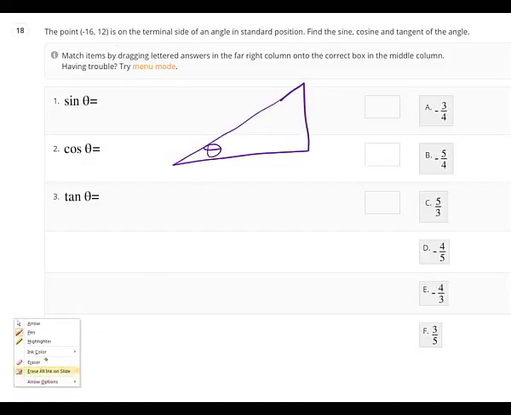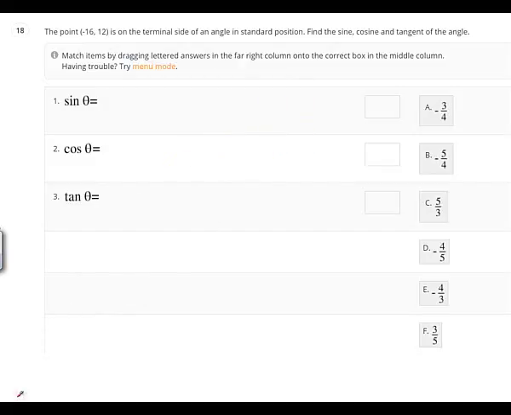Let me draw it on the, this one's a little bit weird. I'm not sure this one should have been on there, but let's try it. Okay, so if I drew it as negative 16, positive 12, it would be over here somewhere, right? So that would be my triangle. So it'd be negative 16 in that direction, positive 12 here. So really, those are my legs, aren't they?